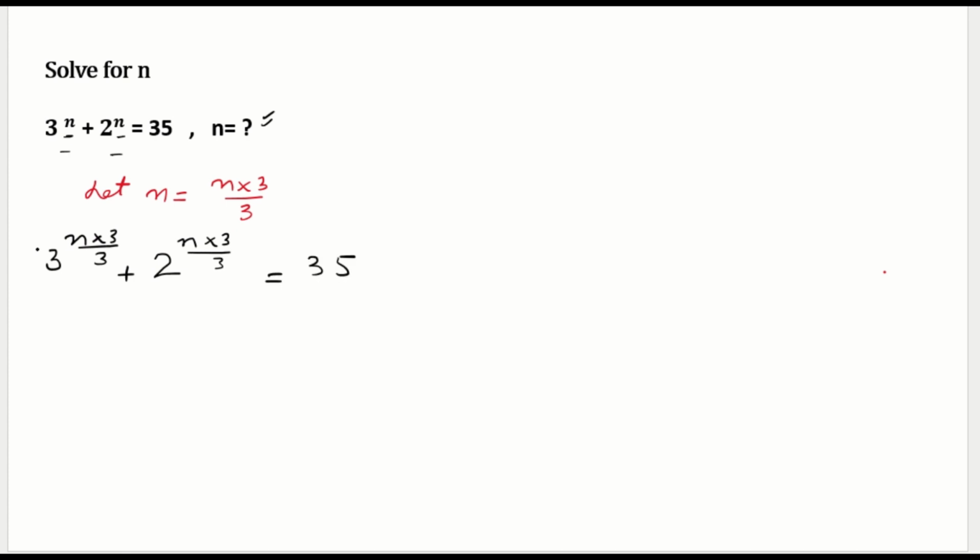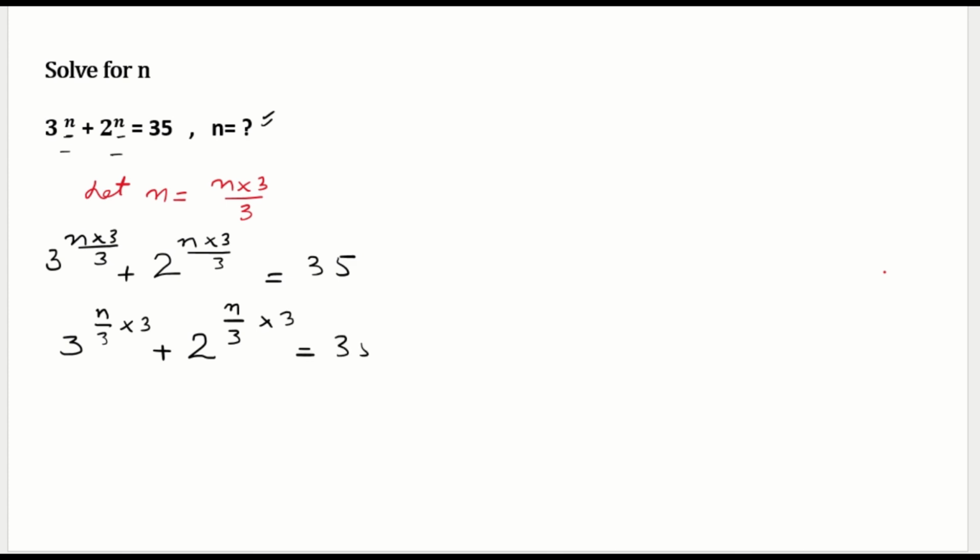So we can write these powers in the form of products: 3 to the power n over 3 multiplied by 3 plus 2 to the power n over 3 multiplied by 3 is equal to 35.